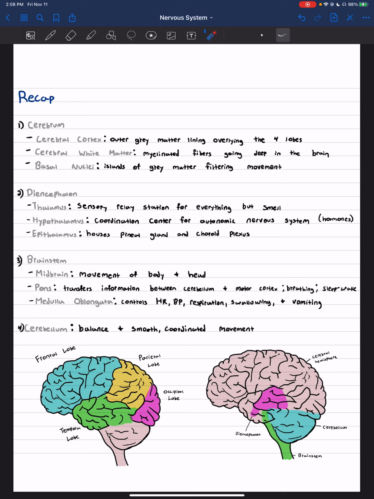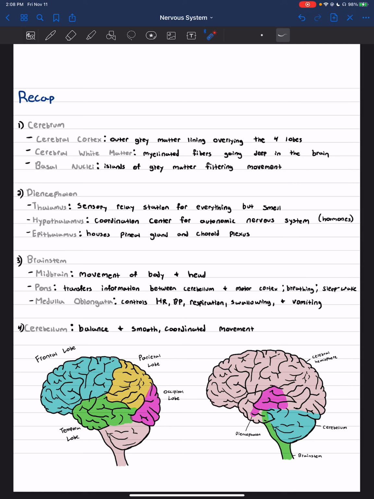That's going to be another video, but just think of the thalamus as this relay station for all of your senses except for smell. Your hypothalamus is a coordination center for your autonomic nervous system, and it adjusts your body to go back to its set neutral point via hormones.